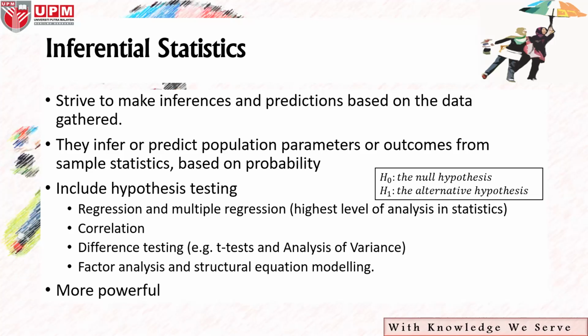Descriptive statistic ni statistik yang paling lemah in academic but the most powerful analysis in practice. Betul tak? Kalau dalam UR ada report correlation tak? Tak ada. UR report deskriptif saja, percentage, mean, mode.